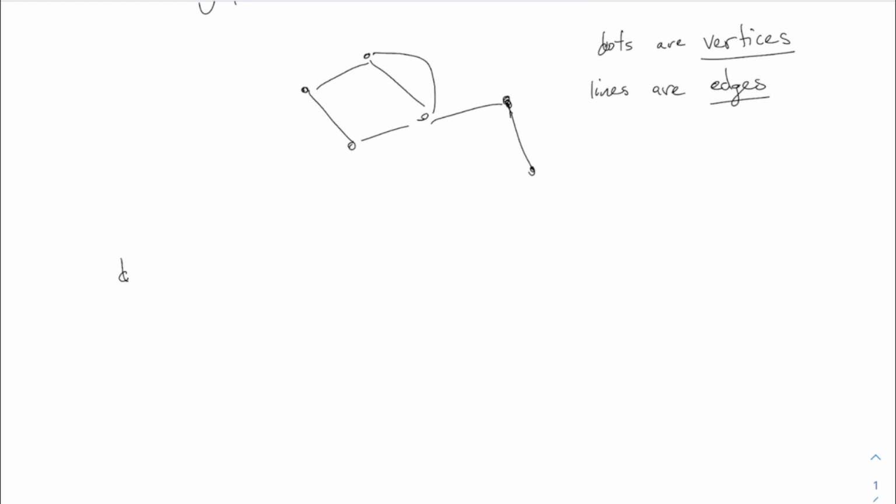In a graph, every vertex has a degree. The degree of a vertex, this is very important. It's very simple, but the degree of a vertex is a number associated to each vertex. It is the number of edges touching the vertex.